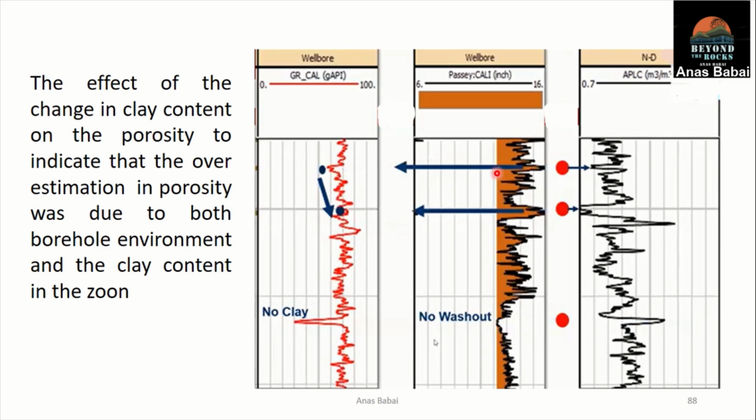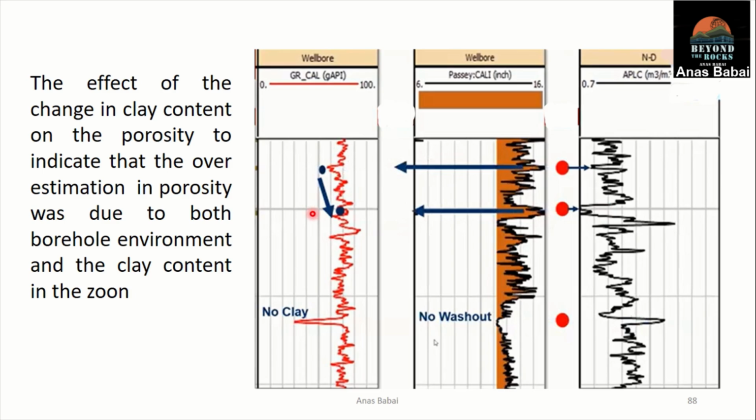because of the presence of shale here in the Caliper Log, the presence of shale in this interval causes a very high porosity value, which is not real at all.